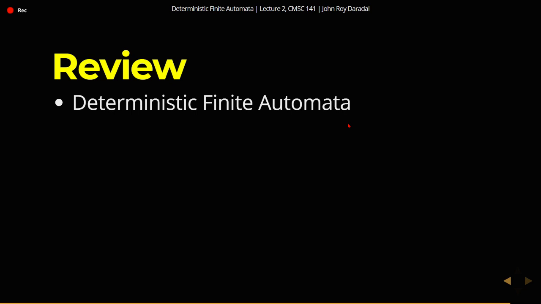So let's review. We discussed deterministic finite automata, which are very basic finite state machines. So it has states, transitions, and a control which transfers from one state to another given an input symbol. Yeah, so it transitions on an input symbol.